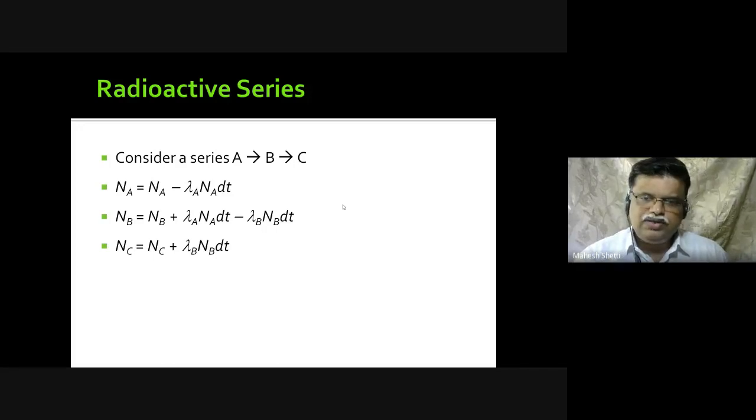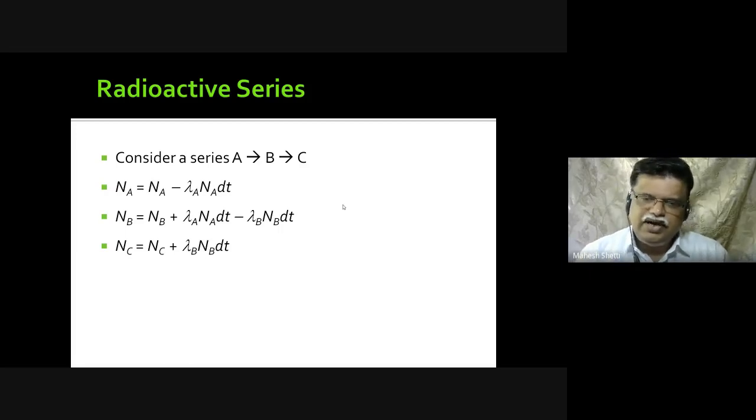A particular source will give out alpha particles of that energy, and knowing the energy of the alpha particle, one can find out whether it came from this particular disintegration or another.